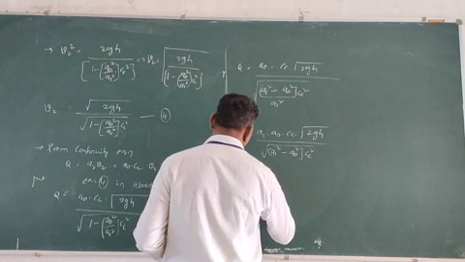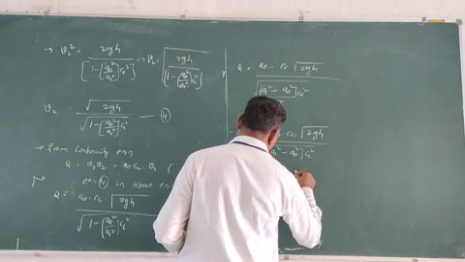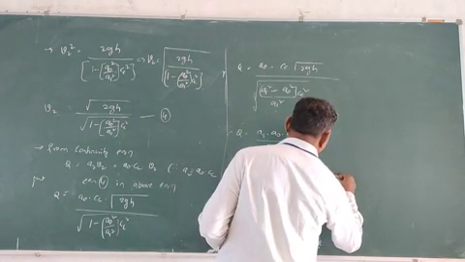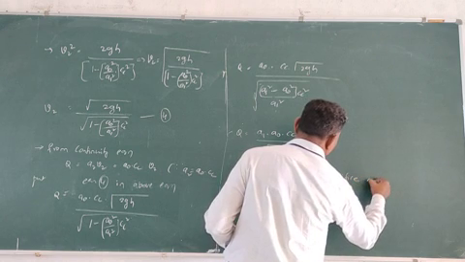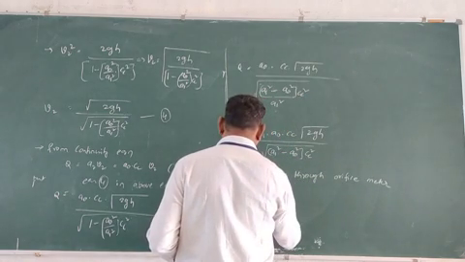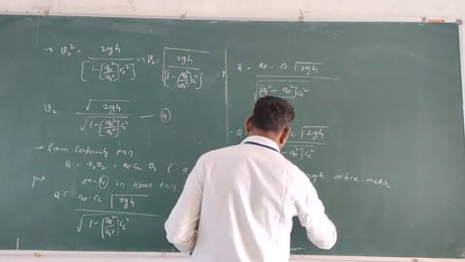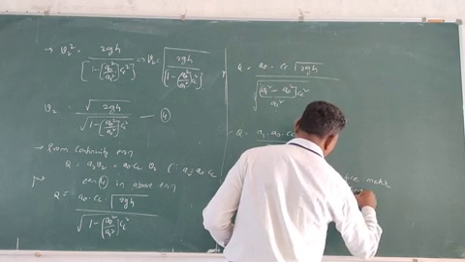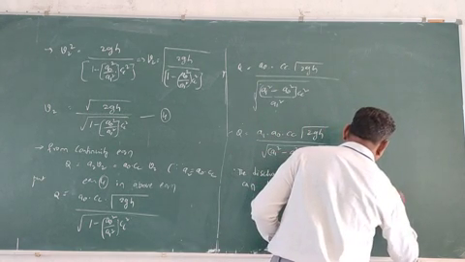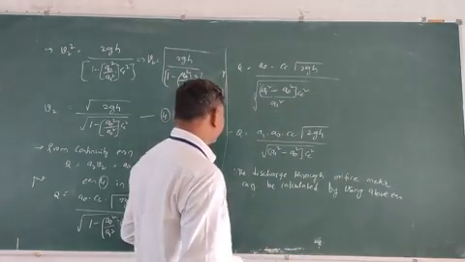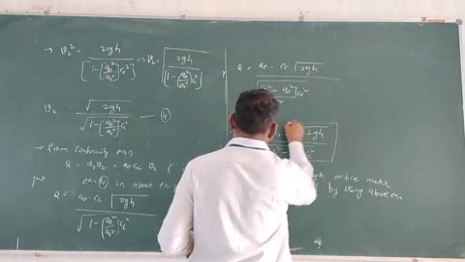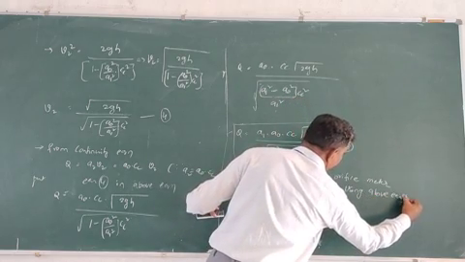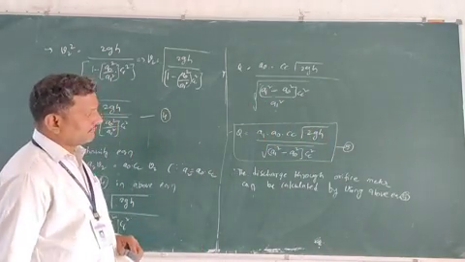Therefore, the discharge through the orifice meter can be calculated by the above equation 5.